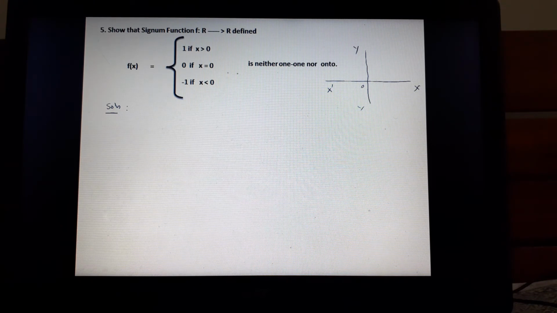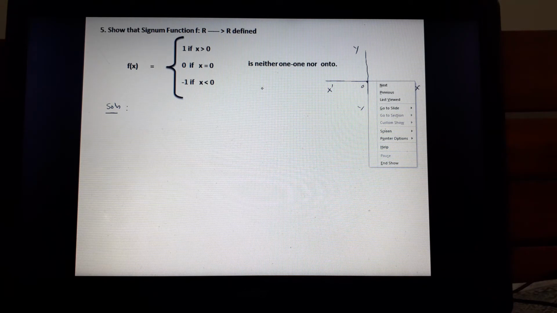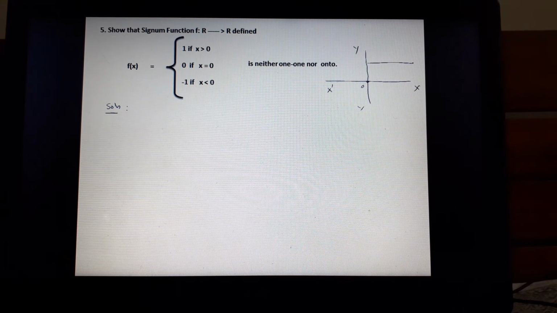So at 0 it is 0, here it is 0. Then for more than 0 it is 1, that means you have to take it like this. This point is not included because at 0 it is 0. Then for anything less than 0 it is minus 1, like this.